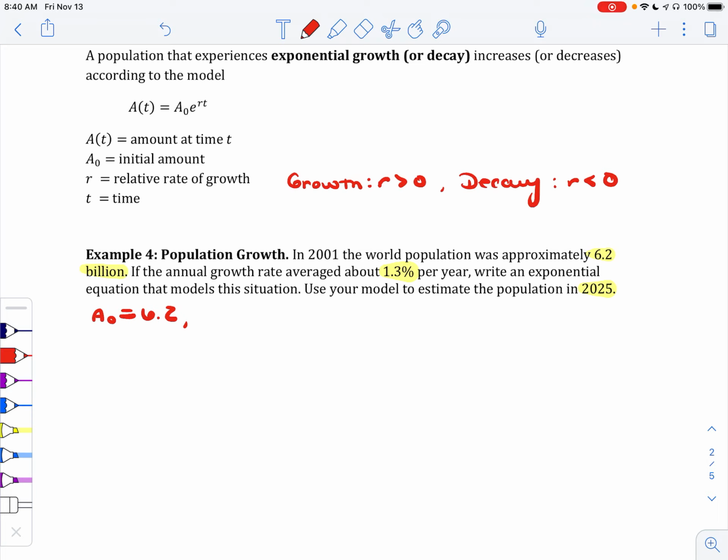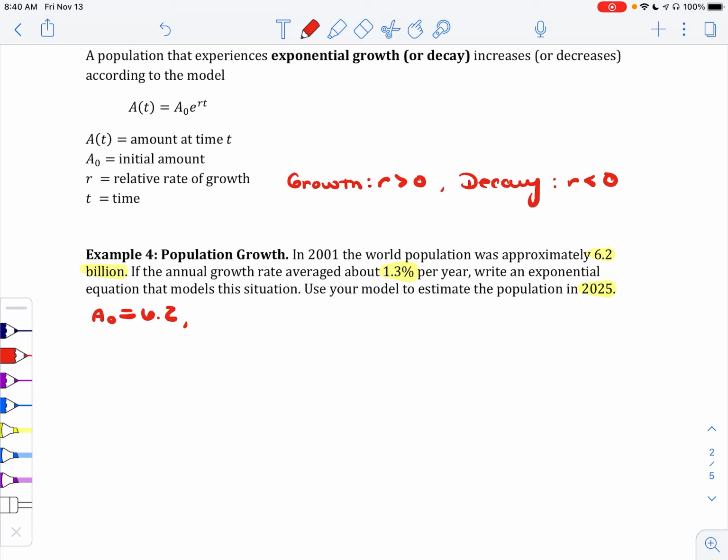Now, I'm going to be letting my amount be in billions. So I'm just saying 6.2 instead of 6.2 billion, but we'll know that things are being measured in billions.